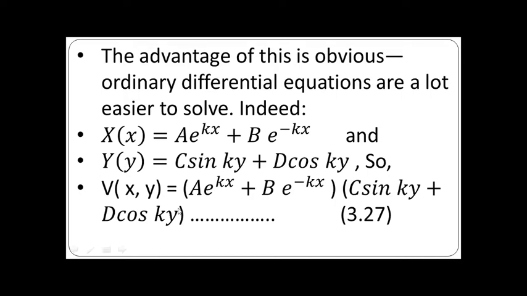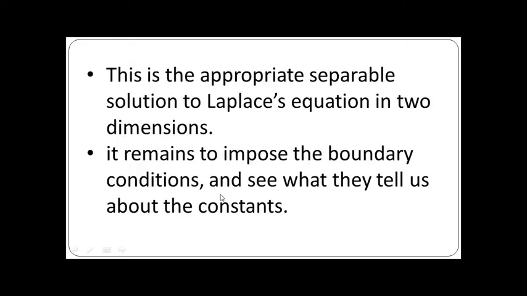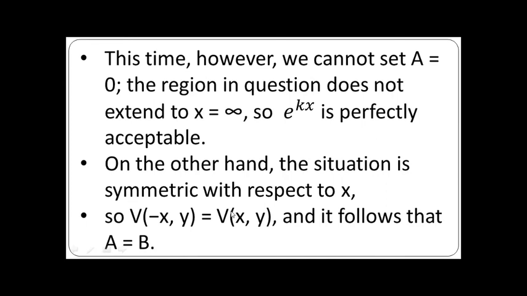Similarly, if we substitute x equal to minus b, then V of minus b, y is equal to A e raised to k(minus b) plus B e raised to minus k(minus b), that is going to be plus kb. So both equations are almost the same, and this indicates that A is equal to B.